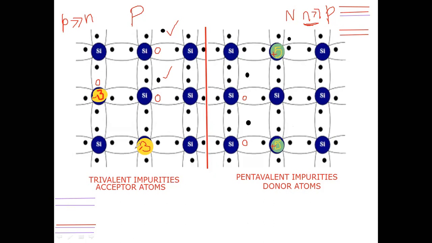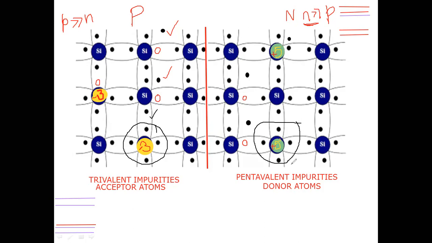When it accepts an electron, it makes a bond with the silicon atom and it is now completely bonded. So these atoms are called immobile ions.